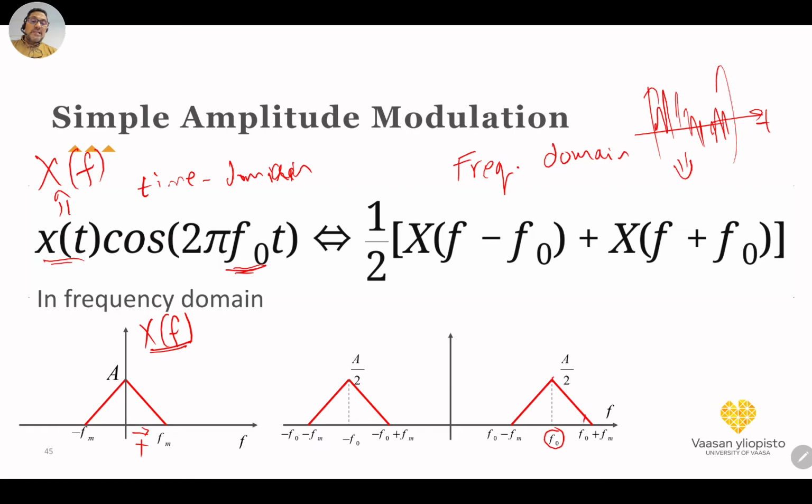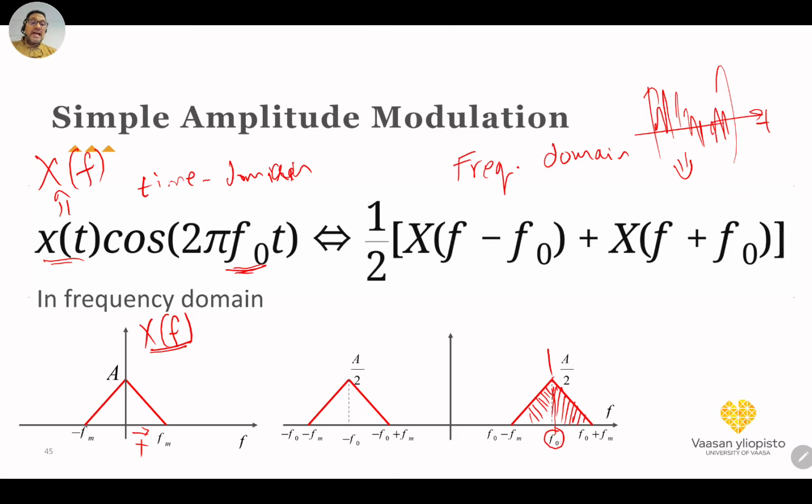This is the original signal at f0, but we will have its mirror on the other side. Because of that, we imagine that the signal itself already has a mirror on the negative frequency side. Okay.